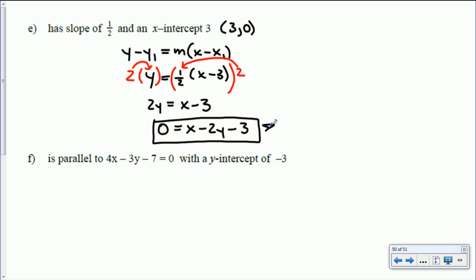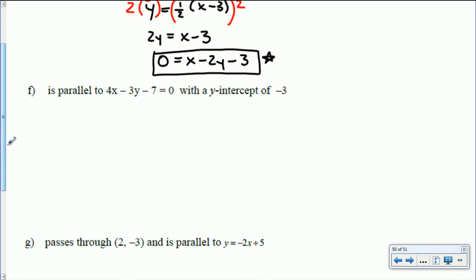So that's 3e. Moving on to f, parallel to this line with a y-intercept of negative 3, so that means (0, -3). We need to figure out first what's parallel to this. I don't know what the slope of this line is by looking at it, so I'm going to switch it to slope y-intercept form. So I'll get y on its own. I'll bring negative 3y to the right. So 4x minus 7 equals positive 3y, right?